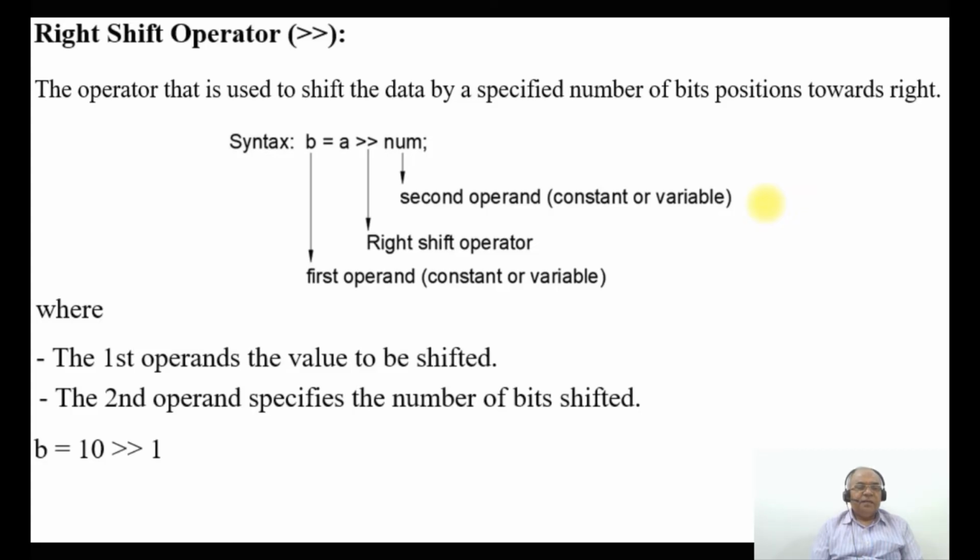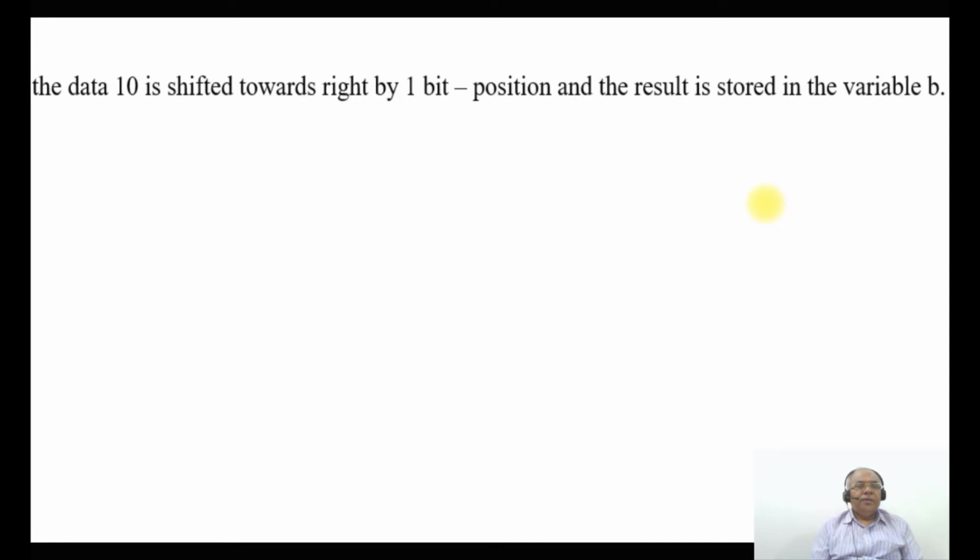For example, B = 10 >> 1: the data 10 is shifted towards the right by 1 position, and the result is stored in the variable B.